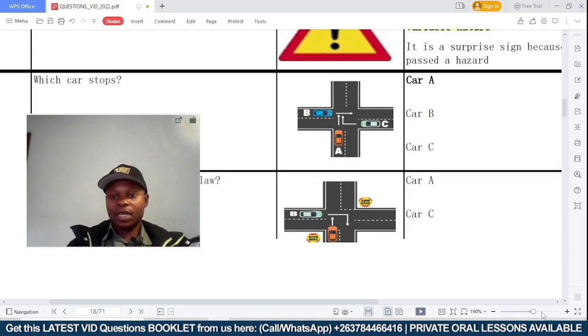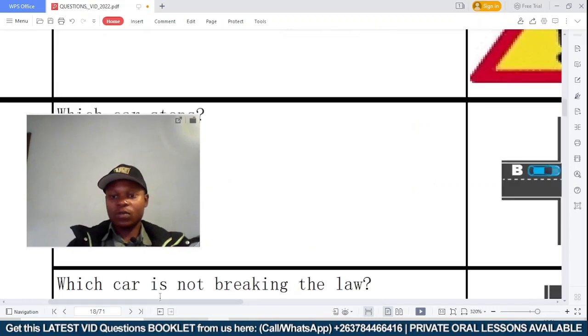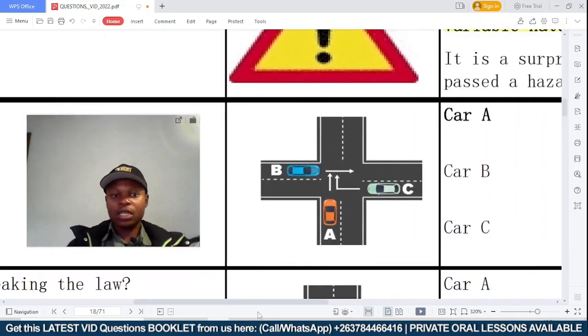So what am I saying? Let me just zoom in a bit more so that you can understand what I'm saying. Like I said, car C has nothing on its right, so definitely it is the car that will move first, and it will move to the center.